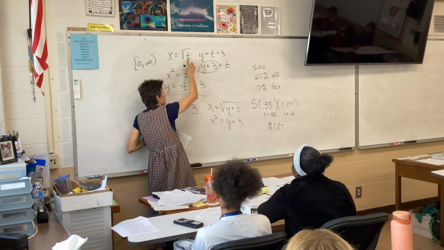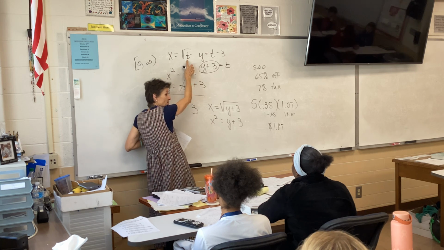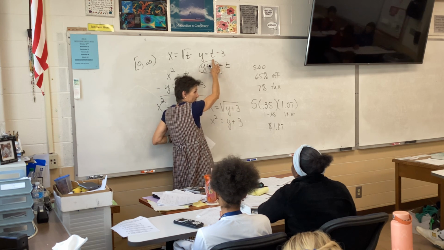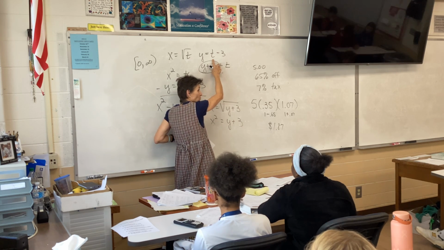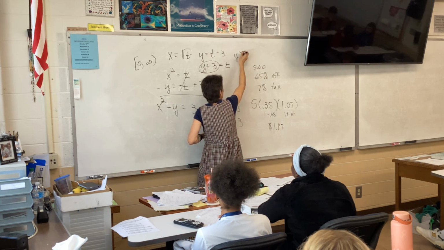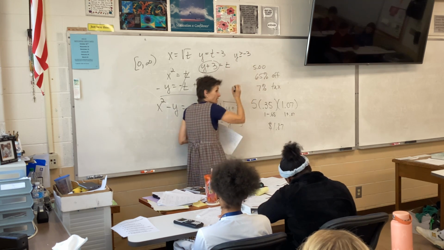But in order to do this problem, t had to be bigger than 0, right? So this t has to be bigger than 0, which means y is going to turn out bigger than or equal to -3?